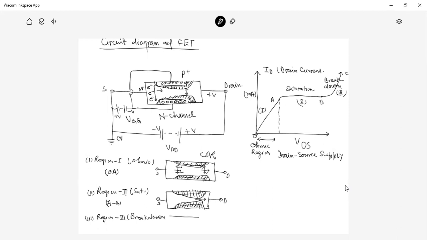This is source, here it is drain, and the depletion region is growing in such a way that there is no way to pass.